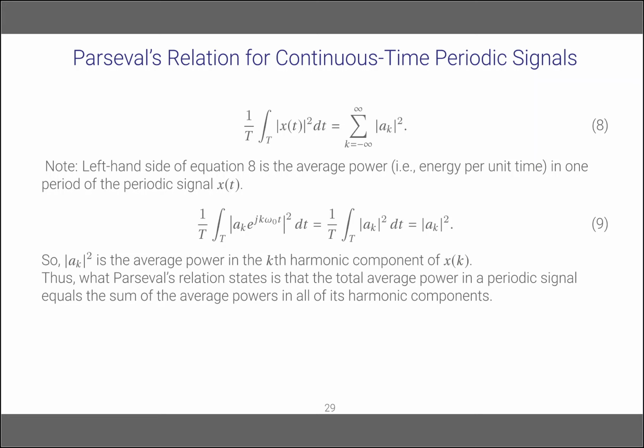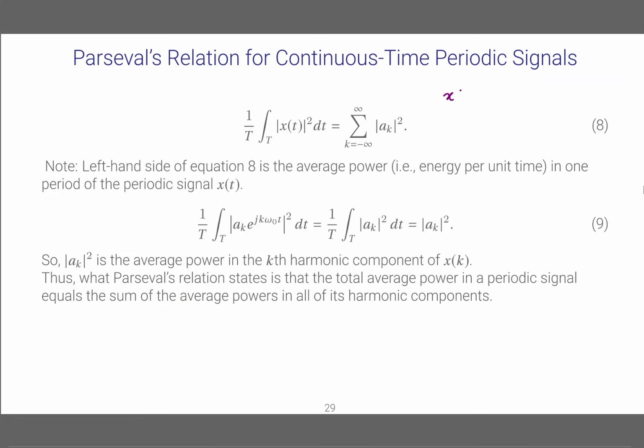So we can take one harmonic and do a brief justification of this. Let's write x(t) as its Fourier series: the sum over k from minus infinity to infinity of a_k e to the power of j k omega naught t. Out of these infinite number of harmonics, let's take one of them and write it with an absolute value squared.